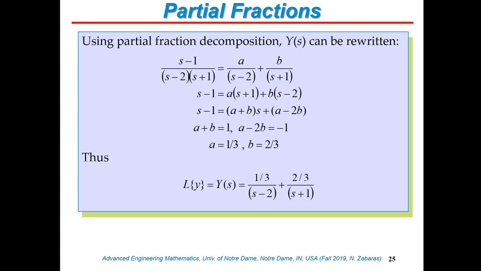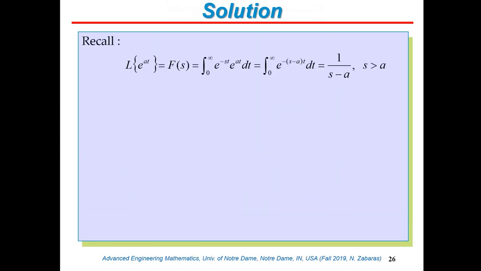And of course, you know the inverse transform of 1 over s minus 2, and you know the inverse transform of 1 over s plus 1. Okay, so let's put this up. So we had 1 over s minus 2.